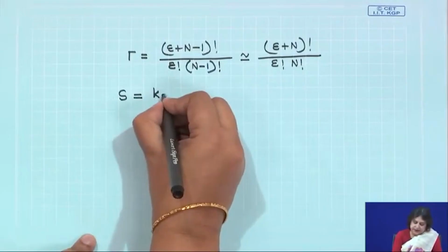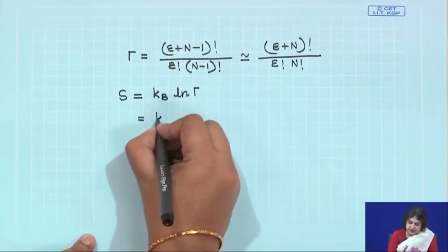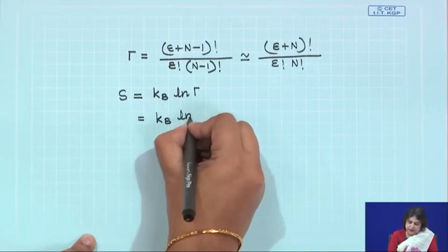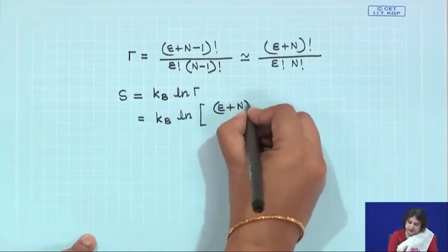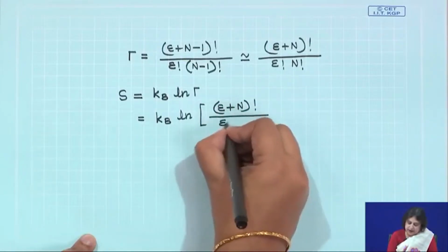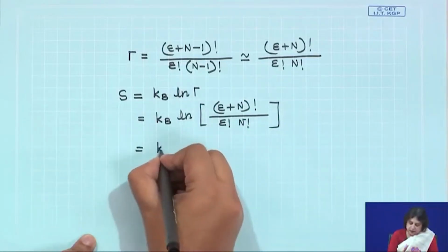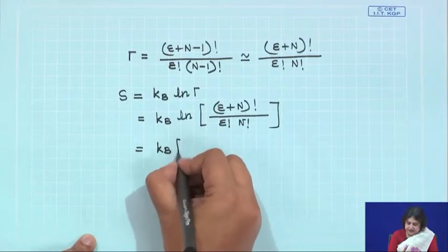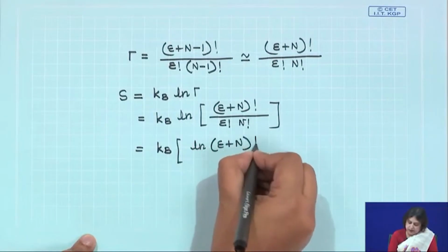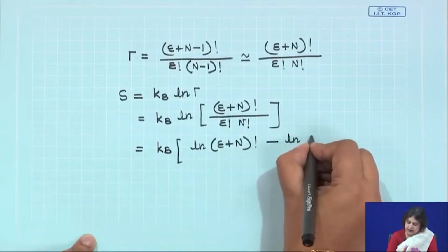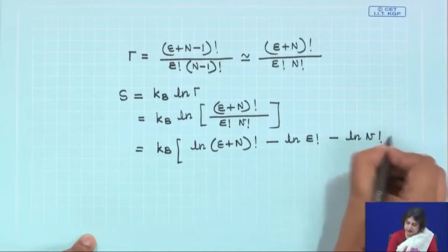Entropy of the system is S equal to Kb ln gamma, and therefore, this is equal to ln of (epsilon plus n) factorial divided by epsilon factorial times n factorial, and you can now write this as ln (epsilon plus n) factorial minus ln epsilon factorial minus ln n factorial.